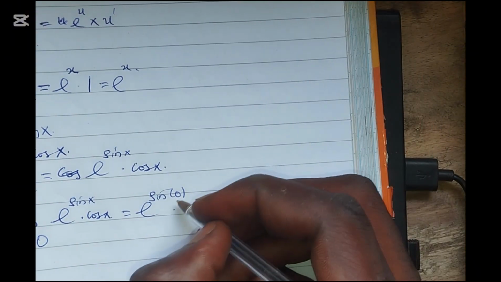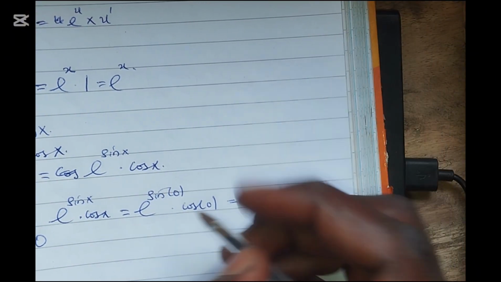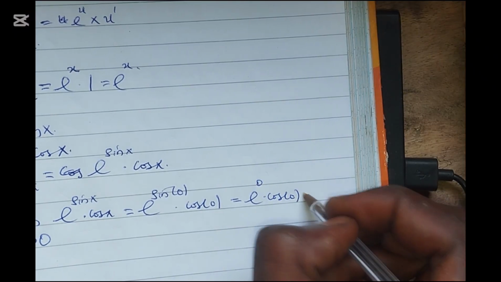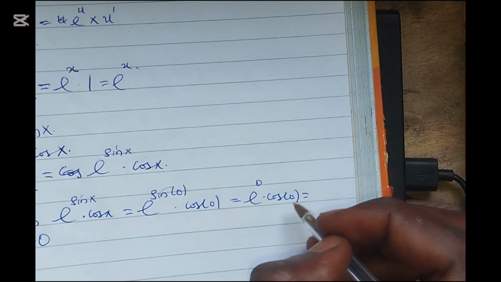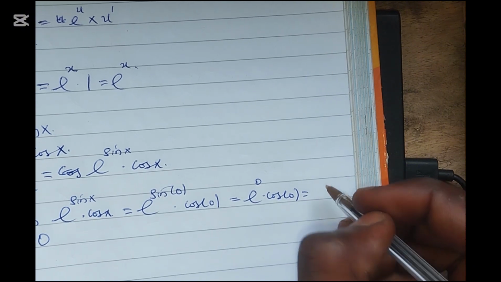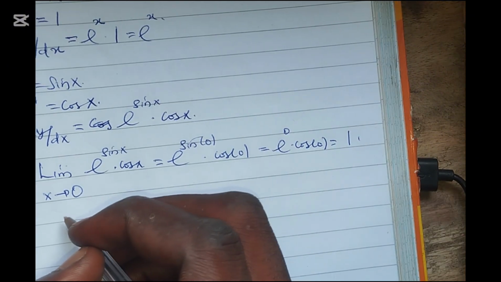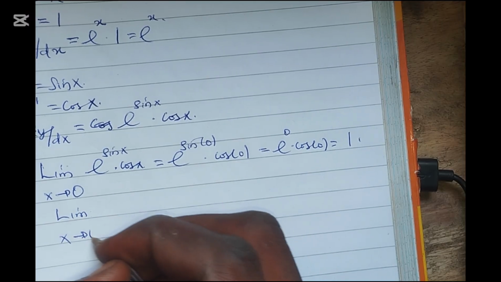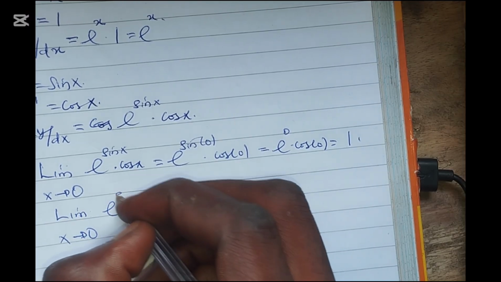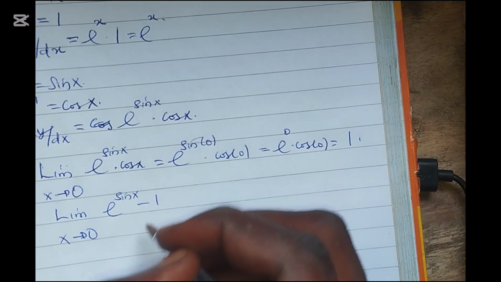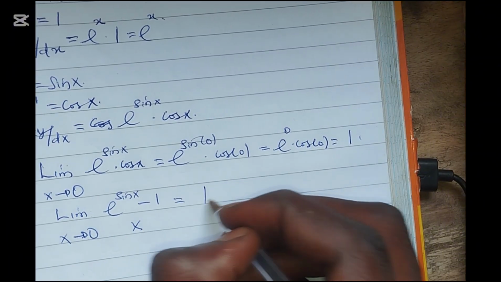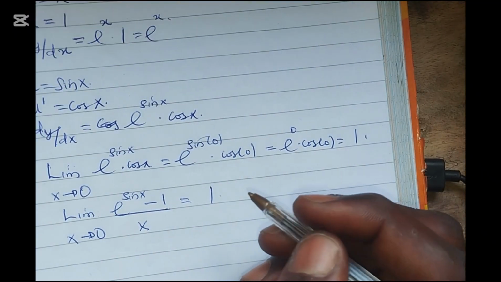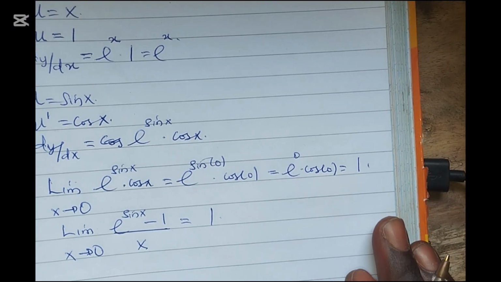And we know that sine of 0 is 0. So we have e to the 0 times cosine of 0. E to the 0 is 1. Cosine 0 is 1. 1 times 1 is 1. So using L'Hopital's rule, the limit as x goes to 0 of (e to the sine x minus 1) all over x is also equal to 1. So thank you, and see you in the next lesson.